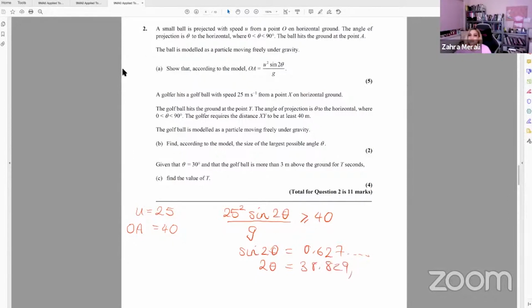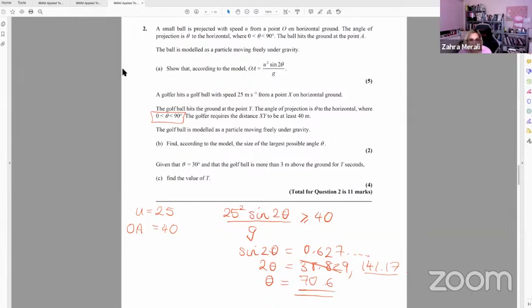And its sine, and my rule for sine is 180 minus. So the next one along is 141.17. And I can't be bigger than that because it'll go past this point. And we divide both ones by 2. We want the largest one, so we don't really care about the 38. The bit we're concerned with is that. So we get 70.6.